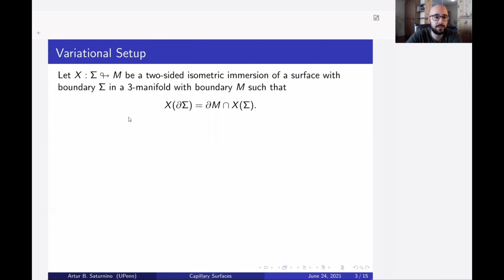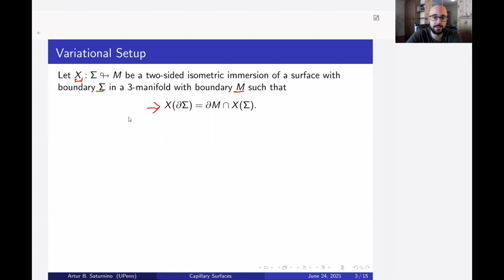Let's first consider X, a two-sided isometric immersion of a surface sigma with boundary in a three-manifold with boundary M. For now, we're not assuming that sigma is compact. And we assume that this immersion has the following property, this equation.